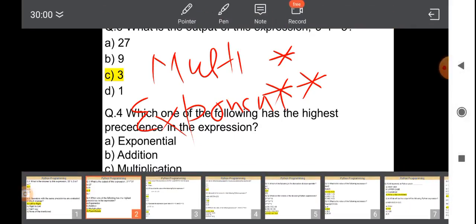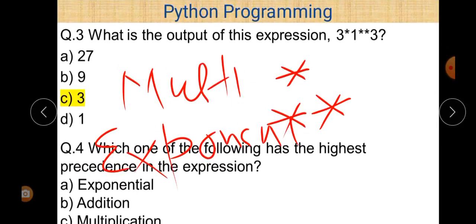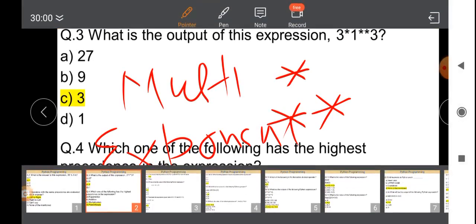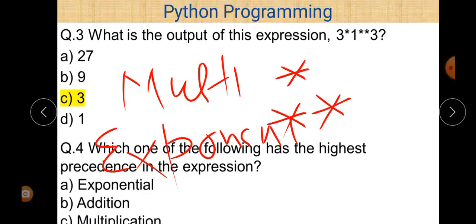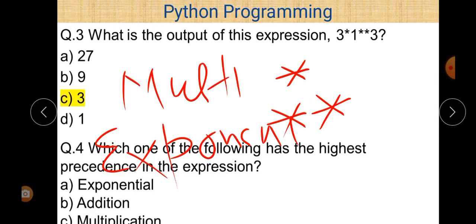Okay, let us take the slides much larger. So our question is 3 star 1 double star 3. In this case, double star has higher precedence as compared to star.